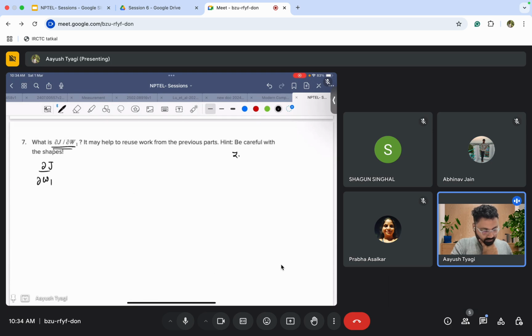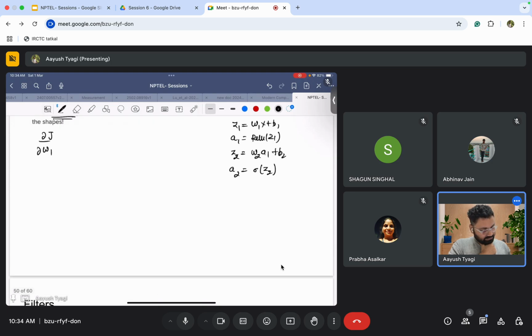So there was z1, which is w1 x1 plus b1. There was a1, which is basically ReLU of z1. Then there is z2, which is basically W2 A1 plus B2. There is A2, which is sigmoid of Z2, right?